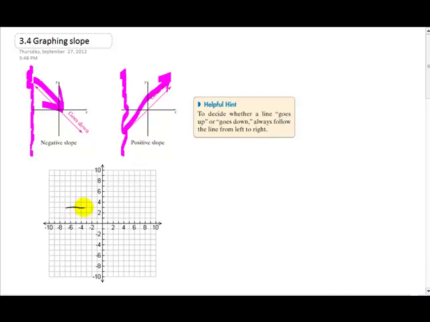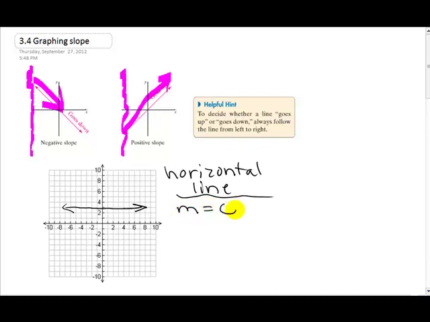If I have a horizontal line, then we're talking about a slope of 0. The letter M is how we represent slope.